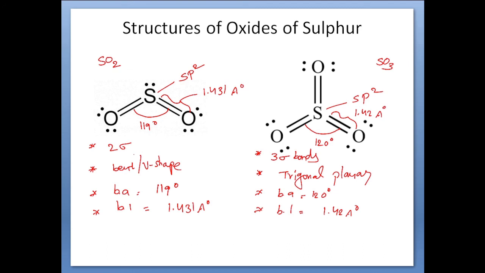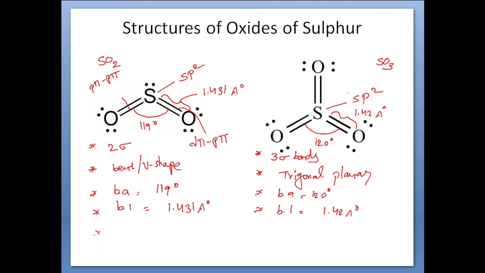In SO2, 2 pi bonds are there: one is p pi type, and the other is d pi type.